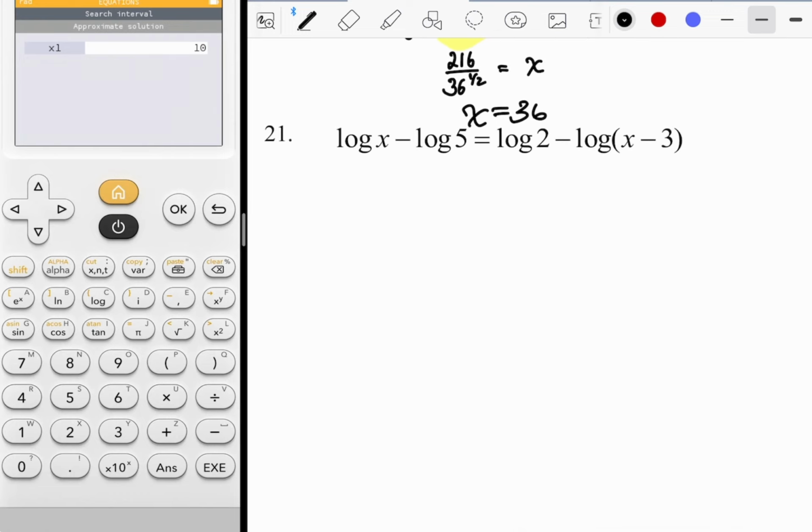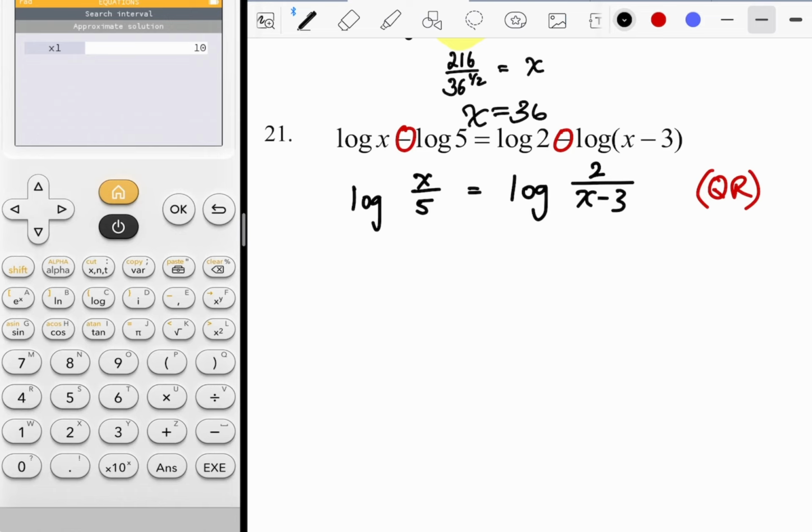Number 21, we have a couple of QRs here, 1 and 2. So log of x over 5 is going to be equal to log of 2 over x minus 3. So again, that's the quotient rule. The only thing that differs from left side to right side are these two expressions.